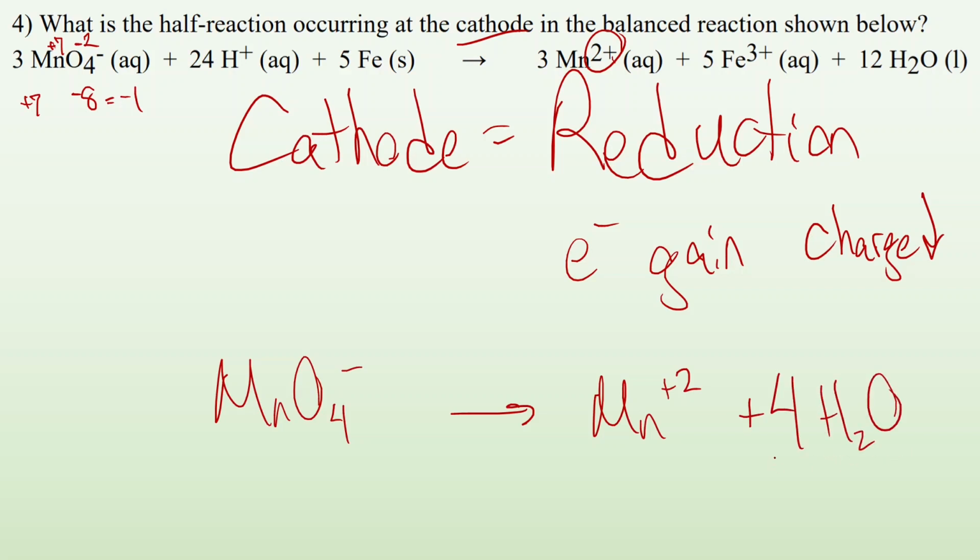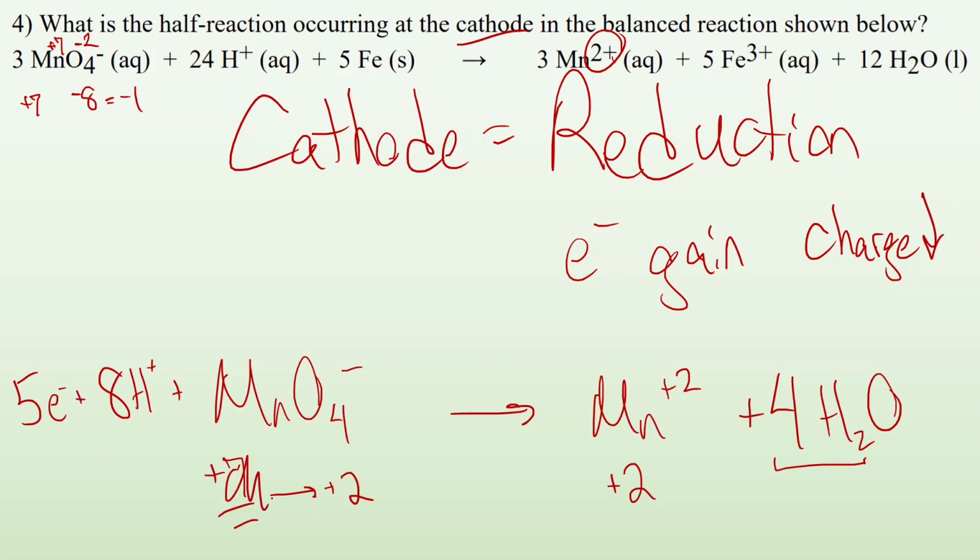Now I have a total of 8 on the right, so I've got to add 8 H+ on the left, and now balance the charge. On the left side, I have 8 pluses and a minus, so I have a +7, and on the right side, I have a +2. So I've got to add electrons. Electrons reduce the charge, so I've got to bring the +7 down to a +2. I'm going to add 5 electrons to the left side, and now my charges are balanced as well.